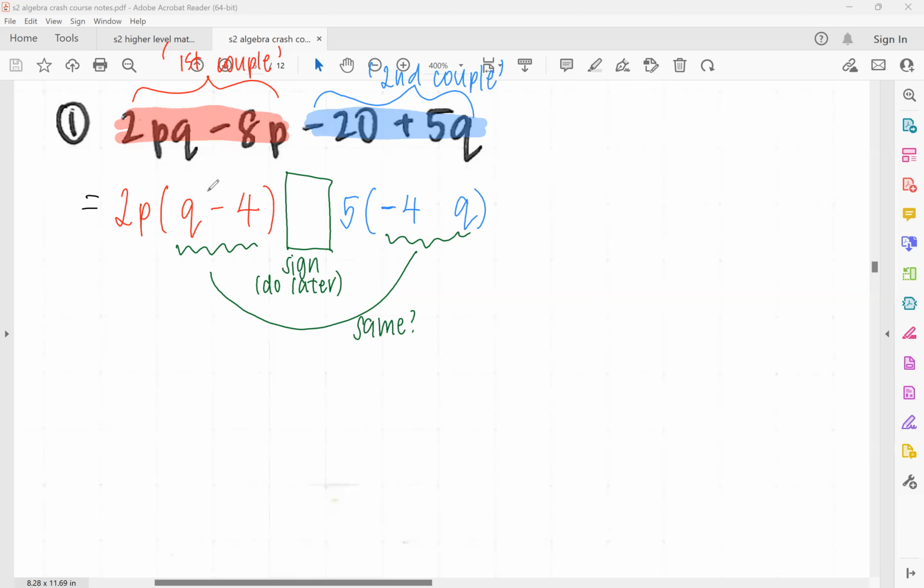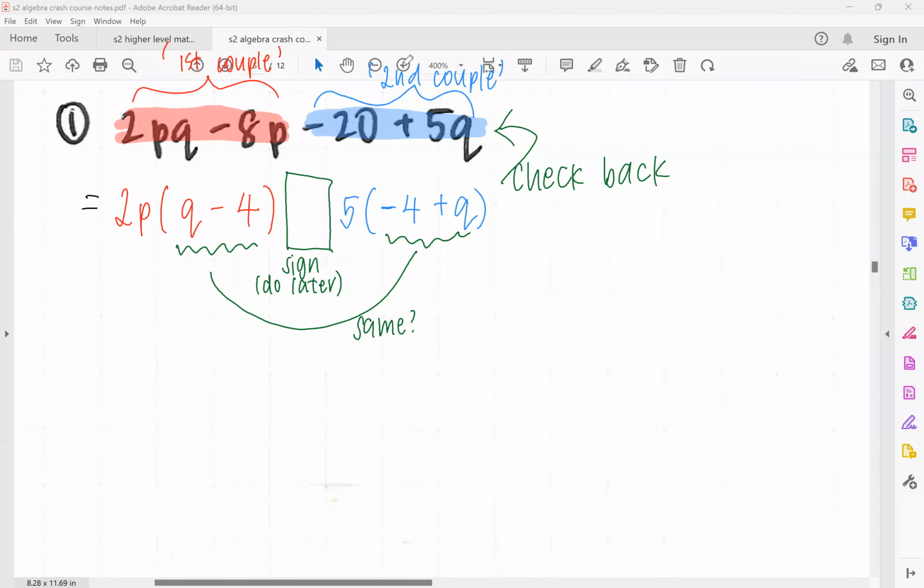And here is what? Positive or negative q? Positive q. That means that this q must also be positive. Yes. So now, always remember the sign do later because why? We need to check back. Check back with who? Check back with this person.